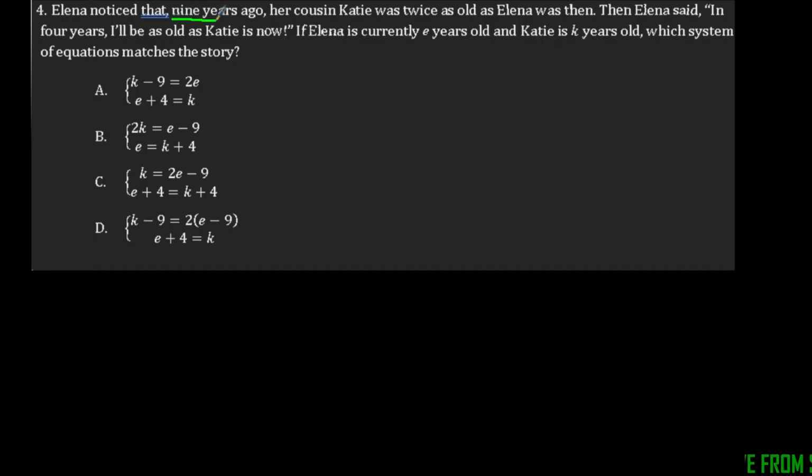We're going to say 9 years ago is an important detail. I'm going to say Katie was twice as old. And then the next equation is going to be in 4 years, I'll be as old as Katie.